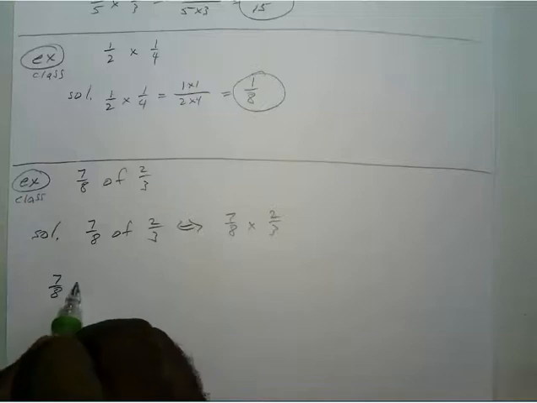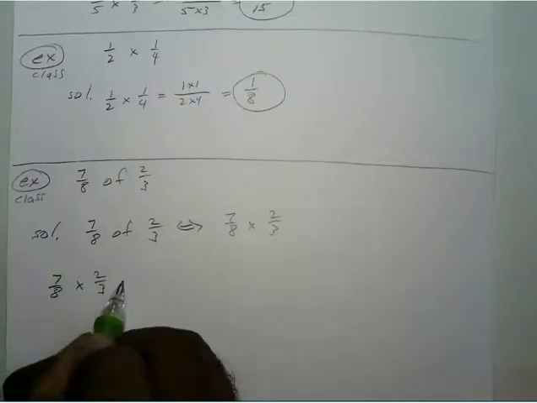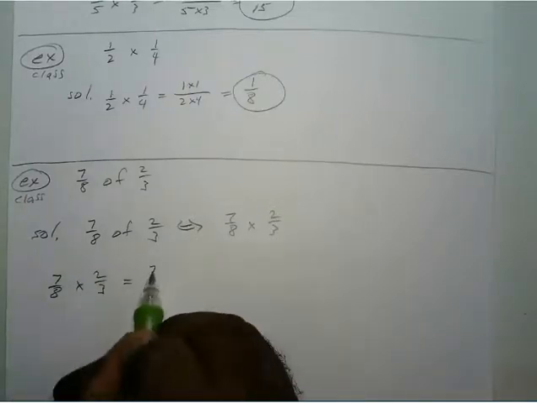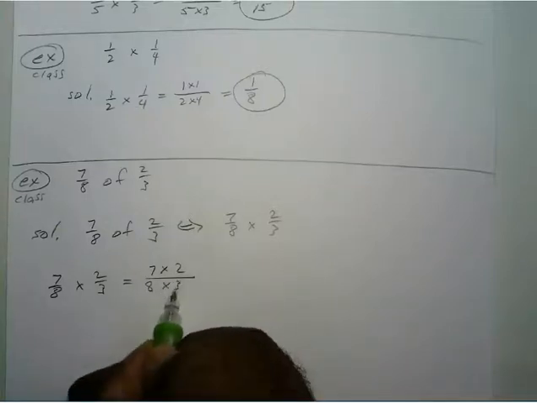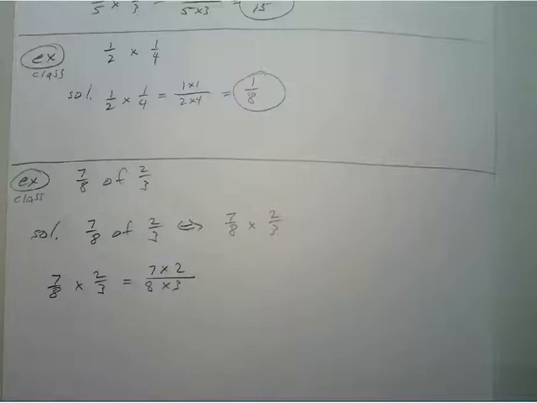So you have 7/8 times 2/3, which is 7 times 2 over 8 times 3. Now, usually it's best to factor a number that can be factored before you multiply.